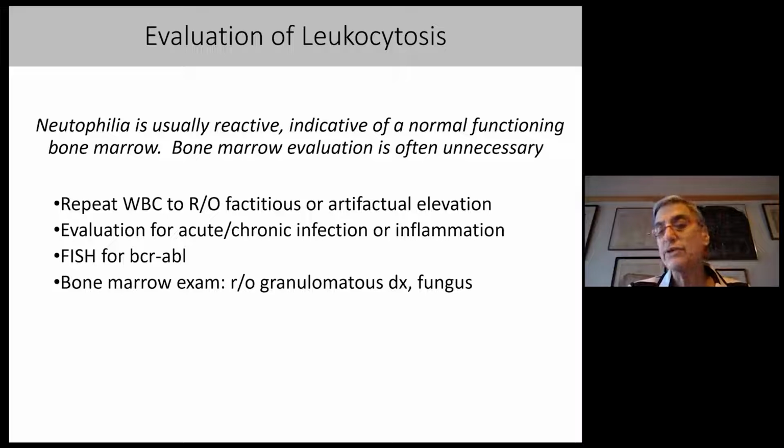And I always, no matter how unlikely it seems, will do fluorescence in situ hybridization for BCR-ABL, since the one diagnosis you never want to miss is chronic myeloid leukemia. And in those patients where you feel pressed to do a bone marrow, you should be sure to culture it, since you want to rule out granulomatous disease and fungal infection in the marrow.